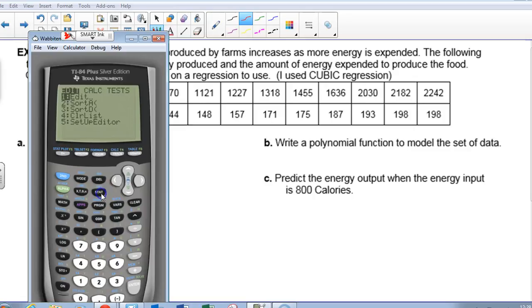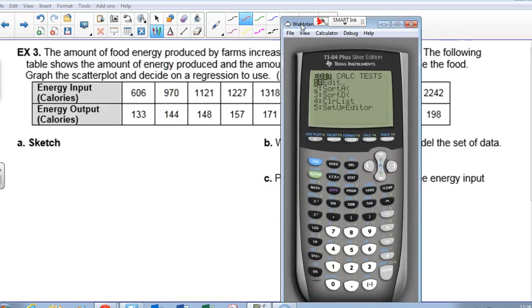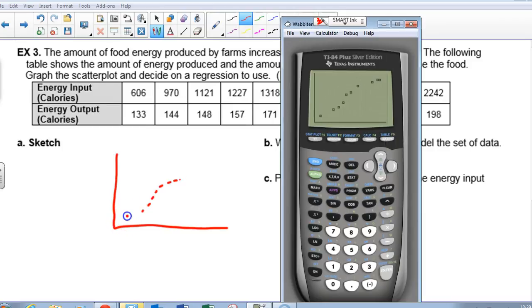But I'm going to go stat. First of all, make sure you do a sketch on your paper. I should probably do that quick. Now that I moved it off the screen, it's not going to be very accurate here. Looks vaguely like that.